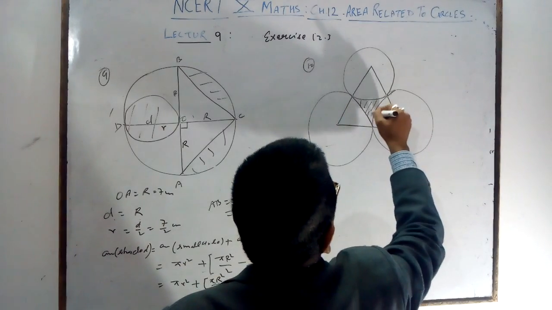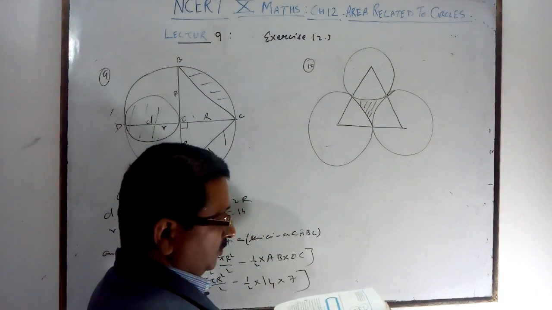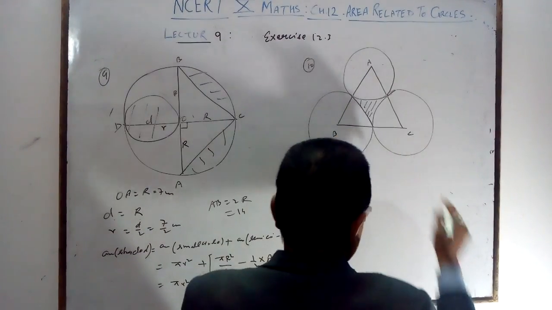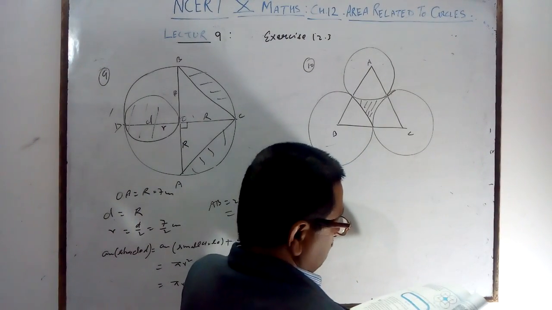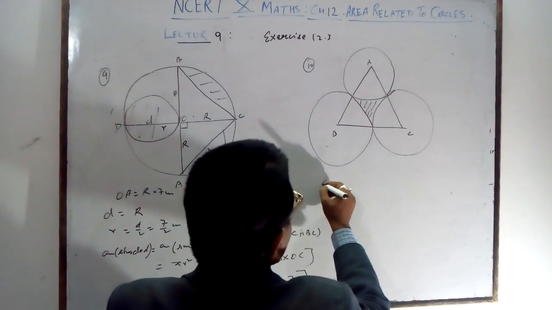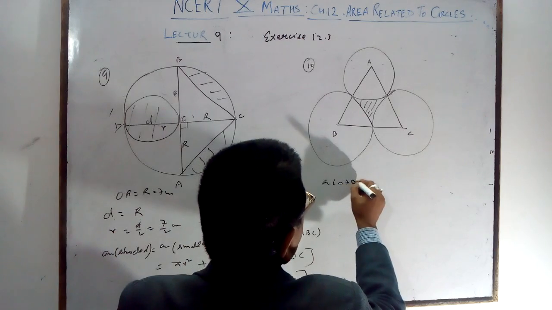Then you want to find out this shaded region. It is an equilateral triangle ABC. In this you want to find out the shaded region, where the area of this equilateral triangle is given. Area of triangle ABC is given.